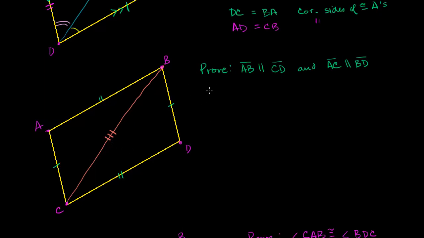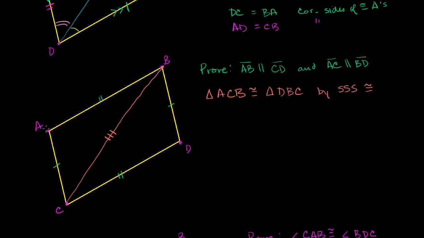So we know that triangle ACB, starting at A and then going to the one-hash side, is congruent to triangle DBC, and this is by side, side, side congruency. Well, what does that do for us? It tells us that all of the corresponding angles are going to be congruent.